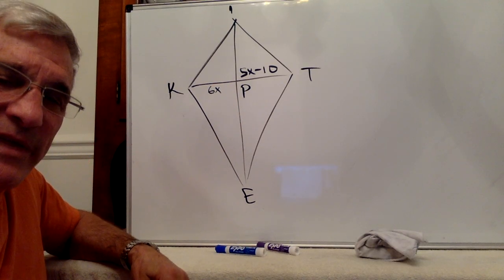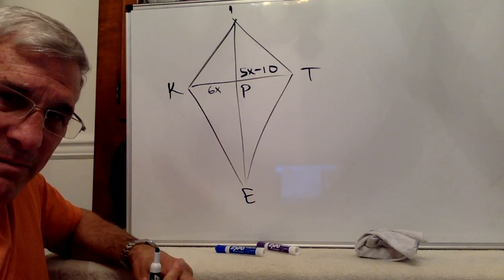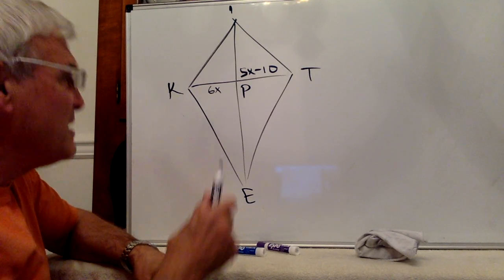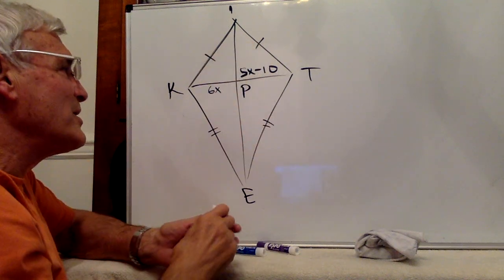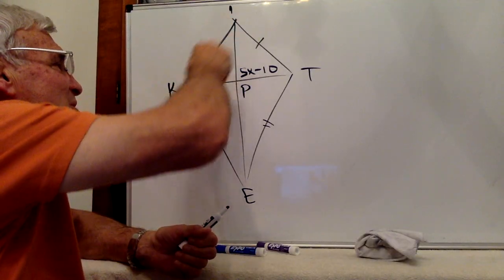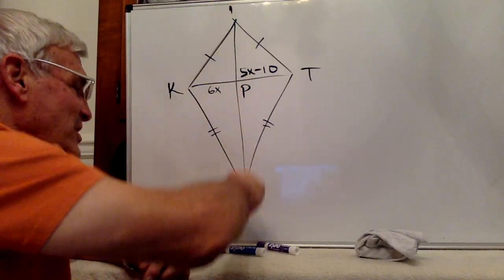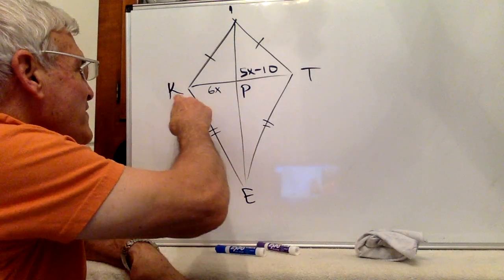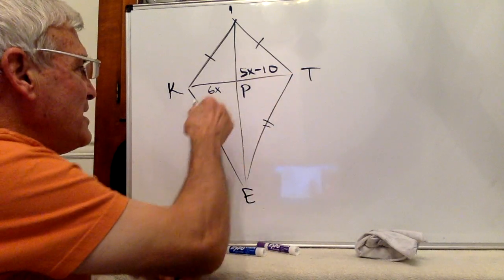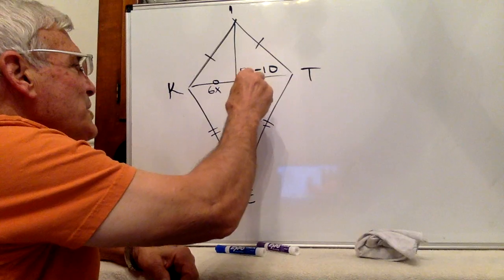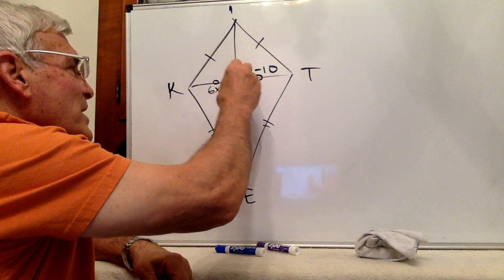All right, properties of kites. The diagonals of a kite are perpendicular, and again, since it's a kite, that and that are congruent, that and that are congruent. Since I is equidistant from K and T, and E is equidistant from K and T, I know that this is the perpendicular bisector of KT, i.e. perpendicularly bisects the smaller diagonal. So I know that this piece and that piece are the same. I also know that these are right angles.